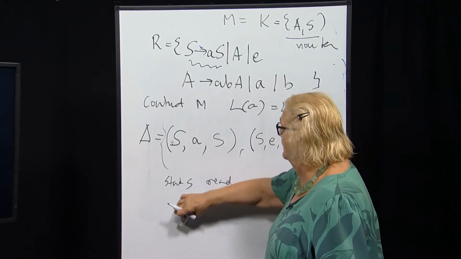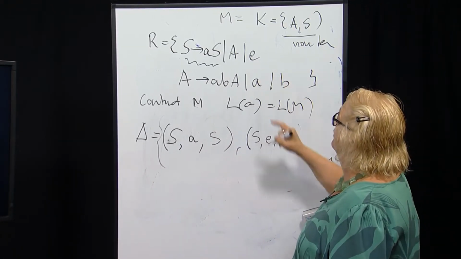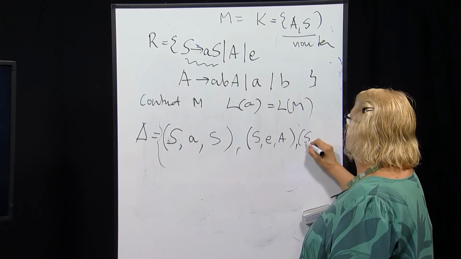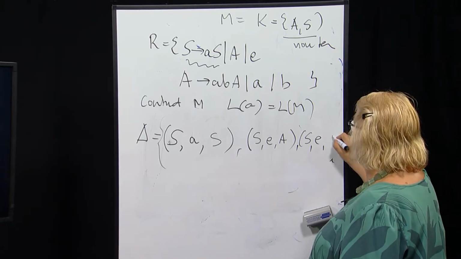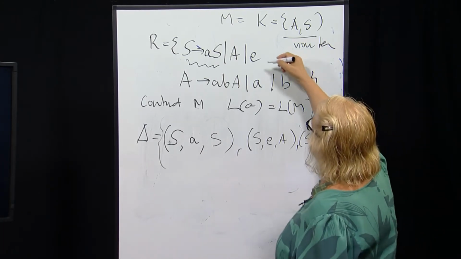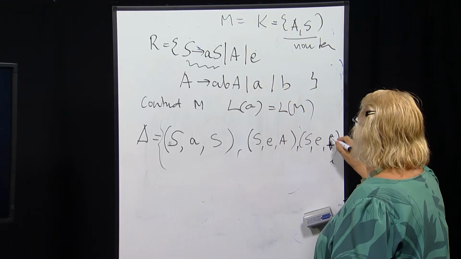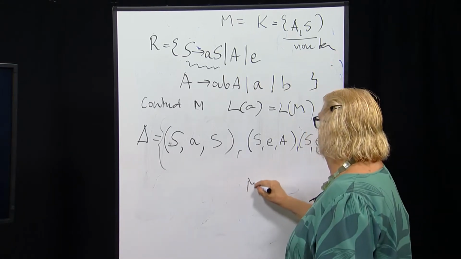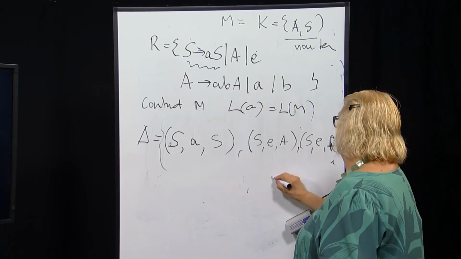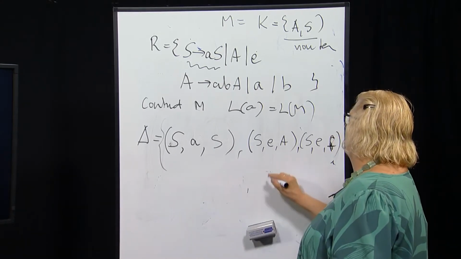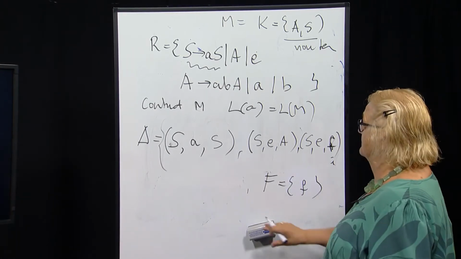And now, in a state A, you read nothing, and that was the way out, right? This was a way out, so F is a final state. M has one final state, which is F. So our way out would be just one final state.